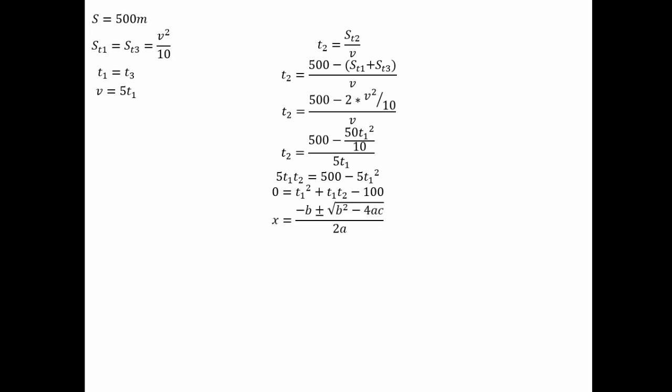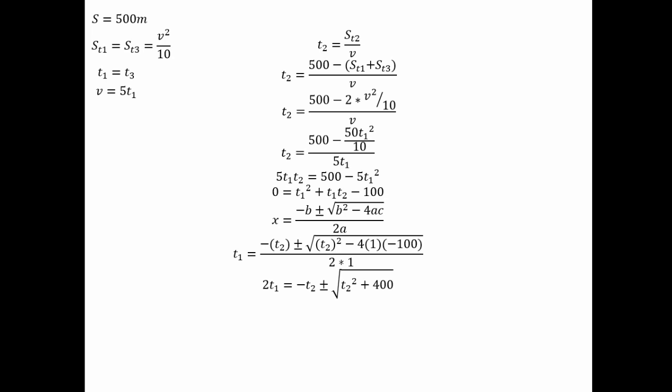Now we use the quadratic formula, that is x equal to negative b plus or minus the square root of b square minus 4ac, over 2a, and here t1 works as x, so t1 is equal to negative t2 plus or minus the square root of t2 square minus 4 times 1 times negative 100, over 2 times 1.